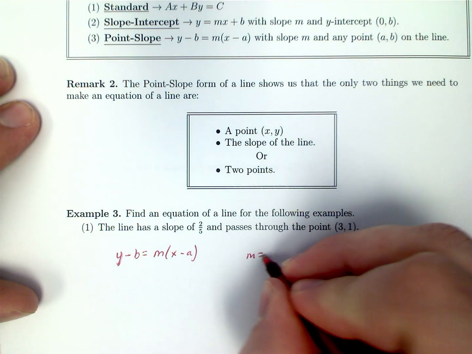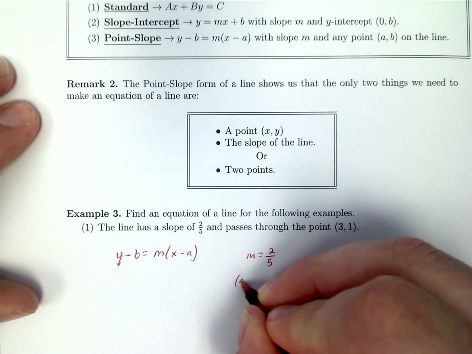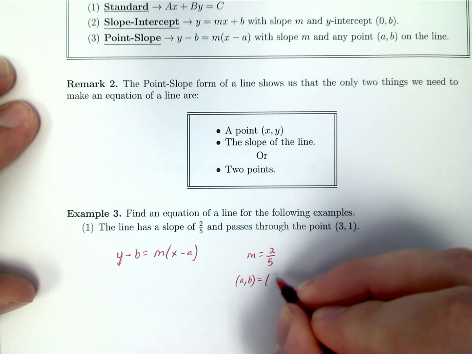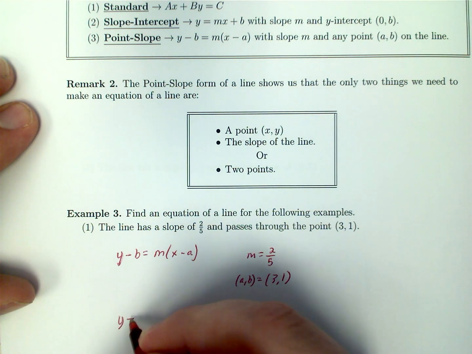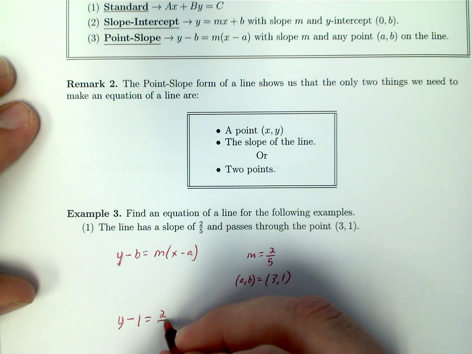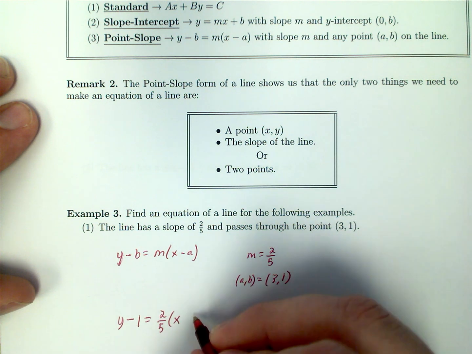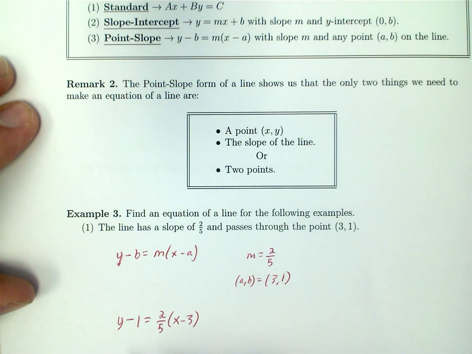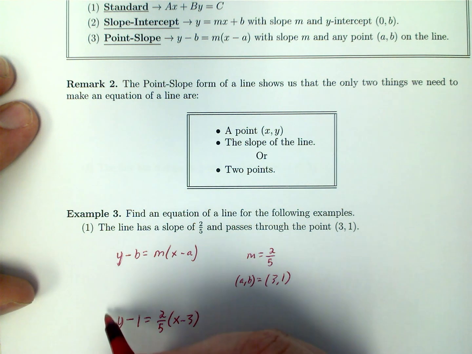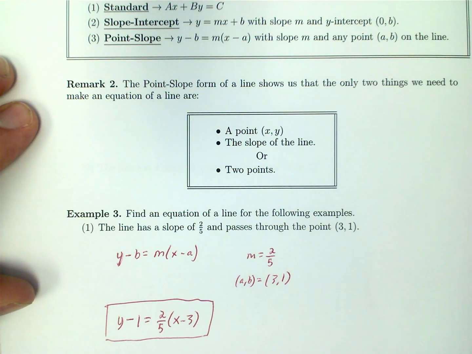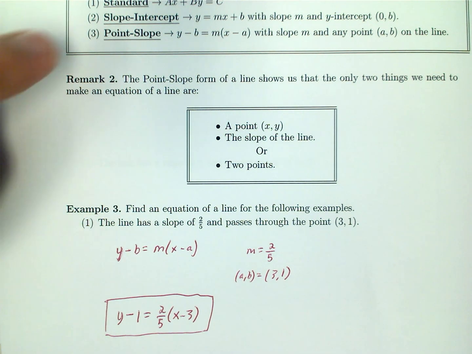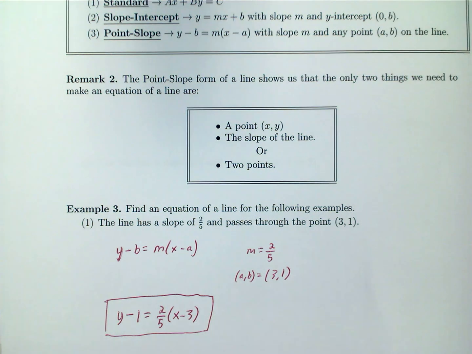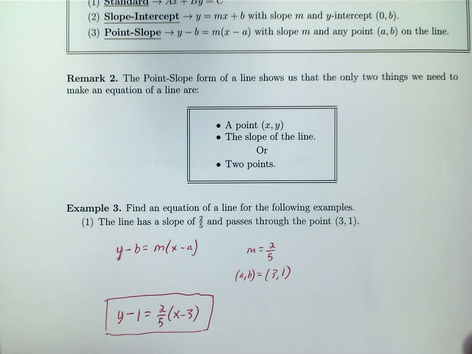We have a slope of 2/5 and a point (a, b) given by (3, 1). Literally plug in: y minus 1 equals 2/5 times x minus 3. Is this an equation, because there's an equal sign? Yes. Of a line? Yes. We're done. That's why it's very nice to use point-slope: when you're trying to find the equation of a line, you just need that.